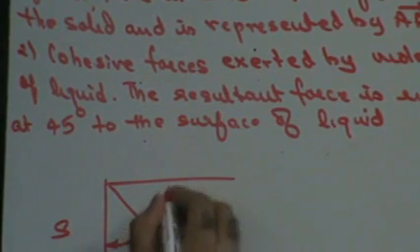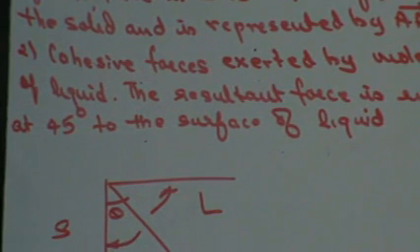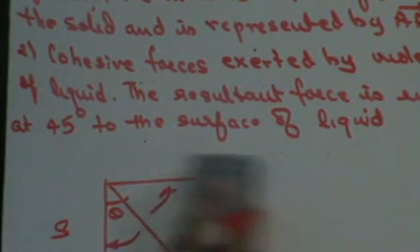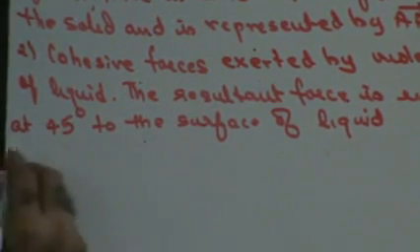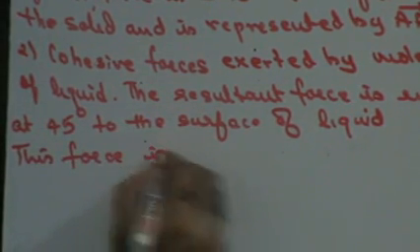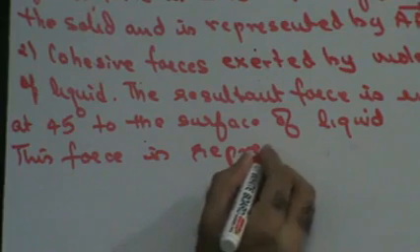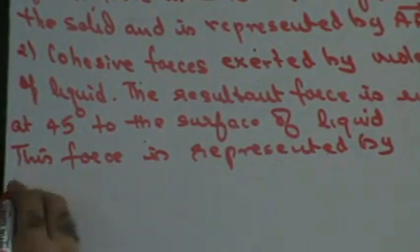An equal number of molecules are being attracted on either side, and that's the reason why this angle is going to be 45 degrees. Fine, do we get this clear? So the resultant force is inclined to the surface at an angle of 45 degrees. This force is represented by AQ vector.